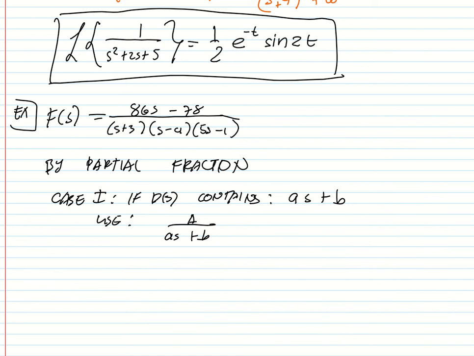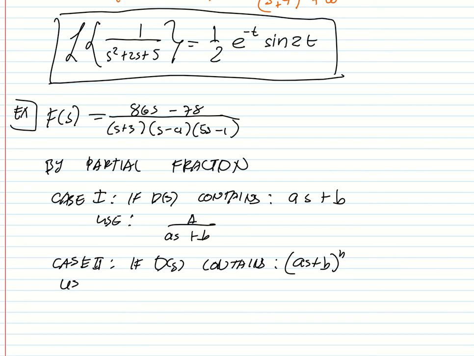Then case 2: if the denominator contains, instead of as plus b, a repeated factor as plus b raised to n. It can be any number.